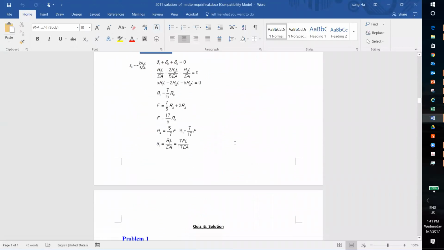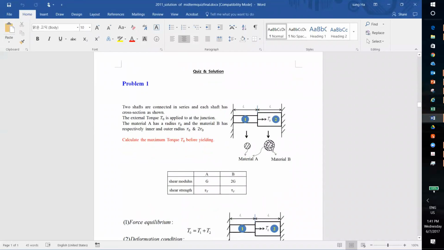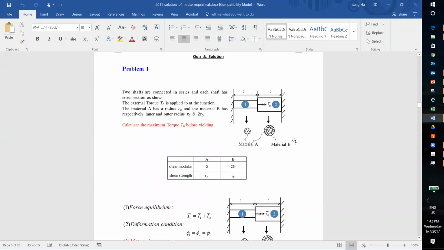So this is the procedure. Now we have a question on the torsional theory, but again, this one is very similar to what we already studied.